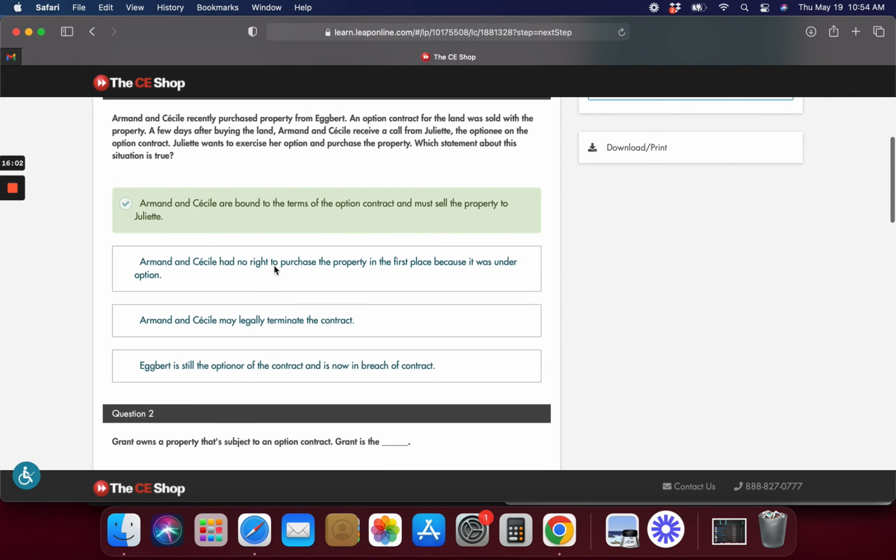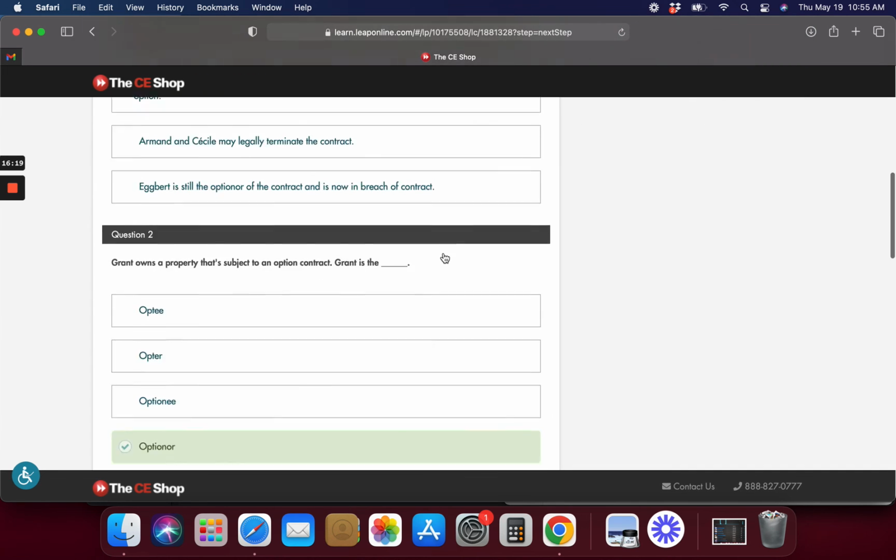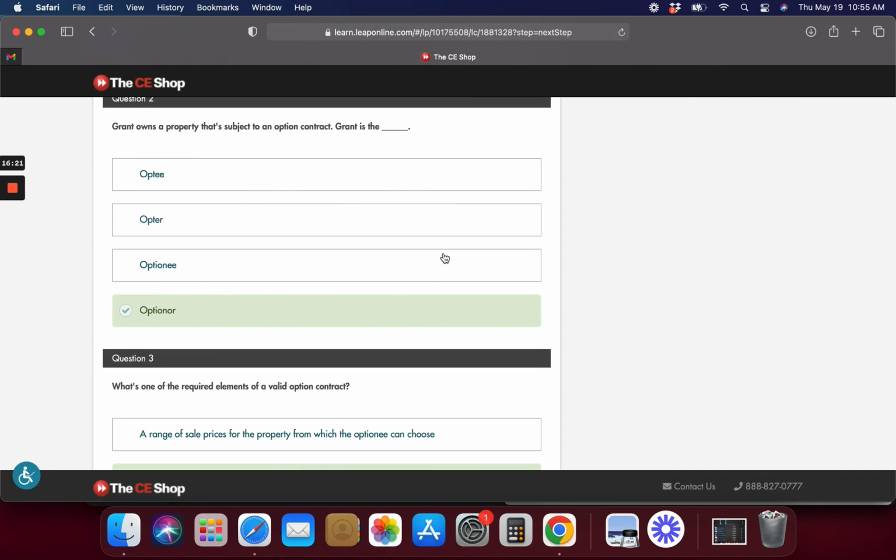All right, if you want any screenshots here, we got a few minutes, so I will go slow. Purchase property from Egbert. I kind of like it. Egbert. Anybody named Egbert?